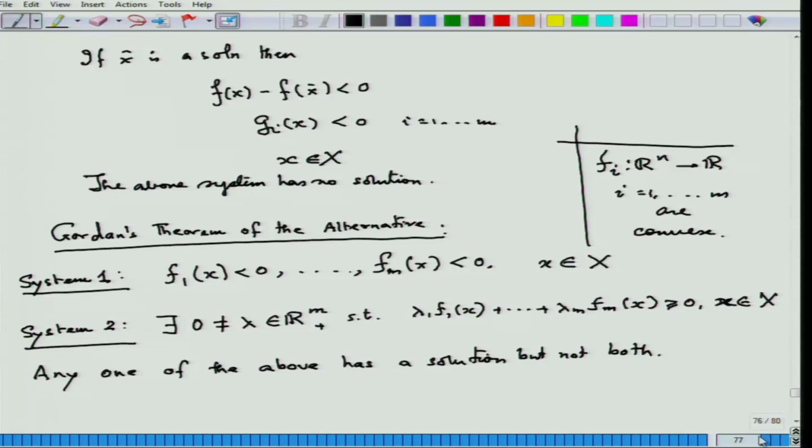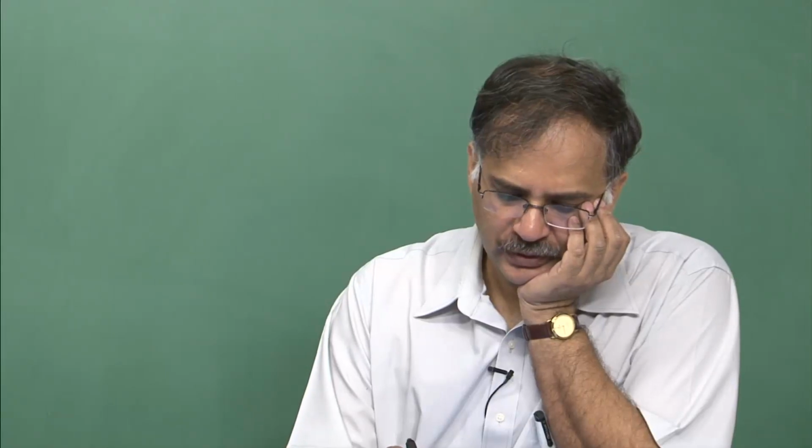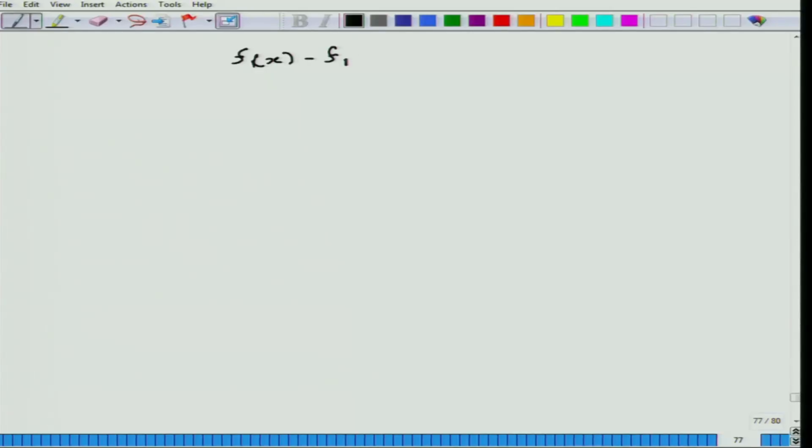In our system what we have is f x minus f x bar, where f x bar is a fixed quantity, this is a convex function, and g 1 x and so on.